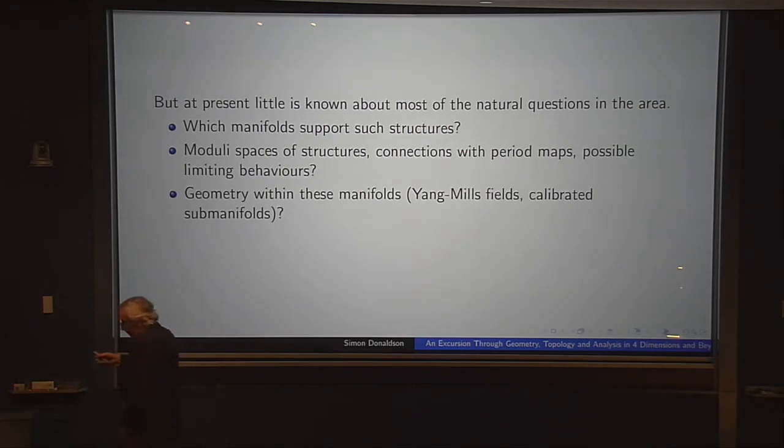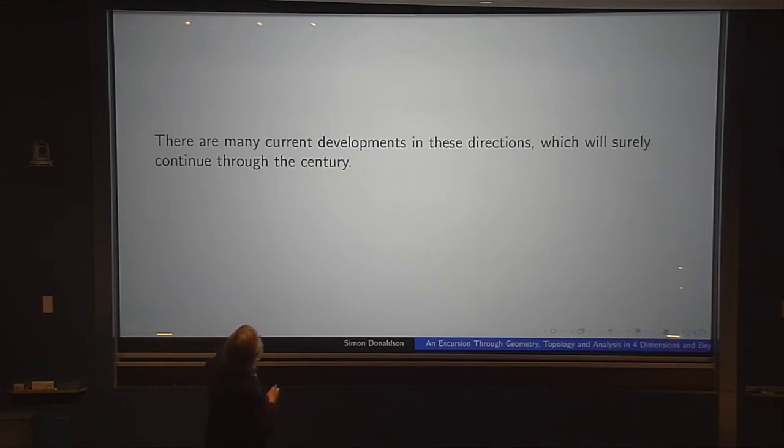And then, again, there are particular things that one can do when one has these structures, and many questions that one can ask. But as I said, at present, more questions than answers or complete theory.